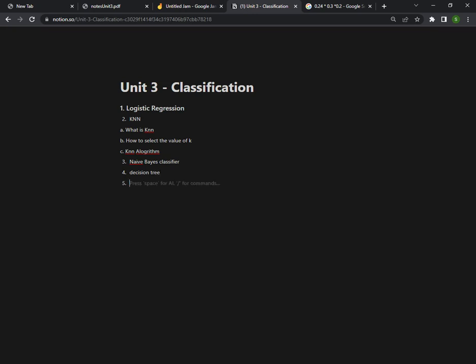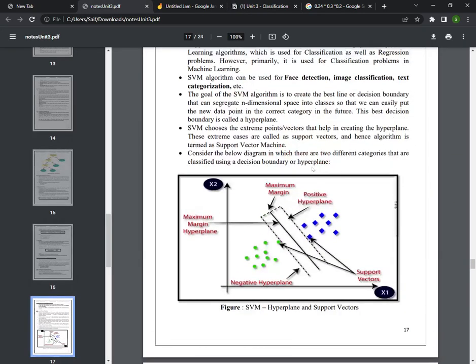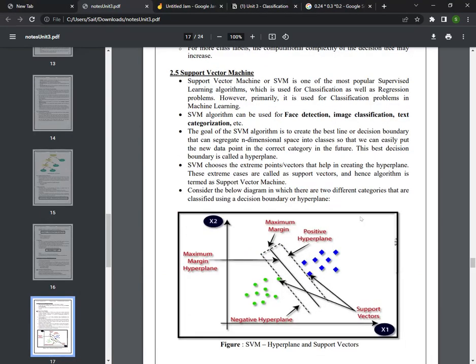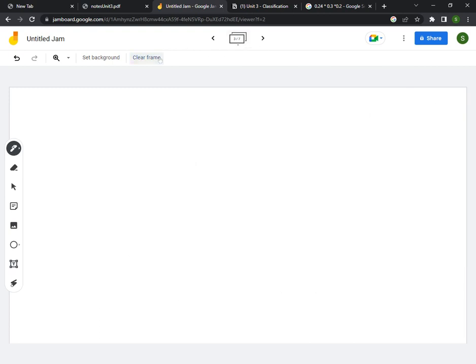Now we are going to see SVM. What is SVM? The topic is support vector machine, and we are going to understand it in a very easy way by considering an example.